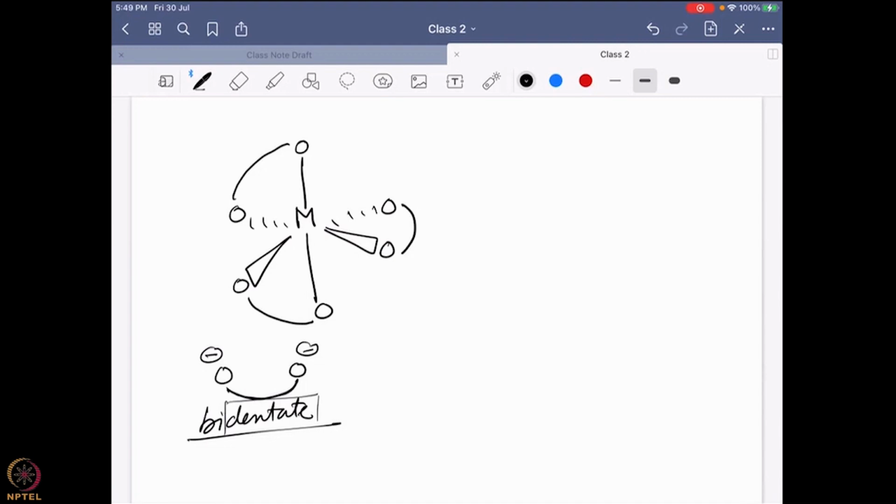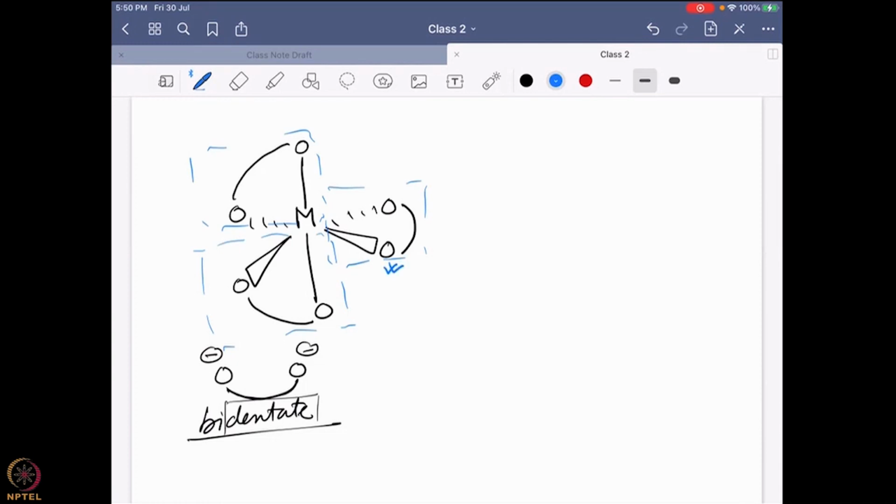Now take a look into each of the ligands. There are three such ligands, right? One over here, one over here, and one over here. Each of them has two metal-oxygen bonds. If you look carefully, one of them is towards you, one of them is backwards. Take the example of this one.